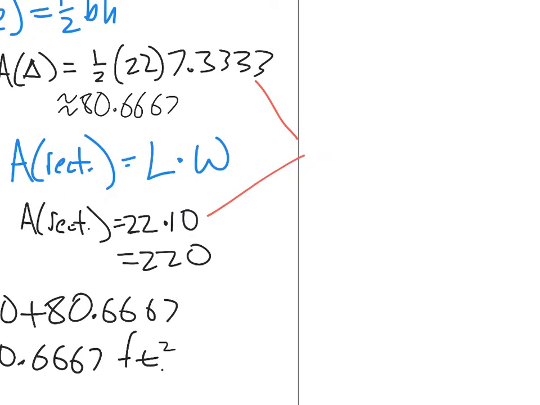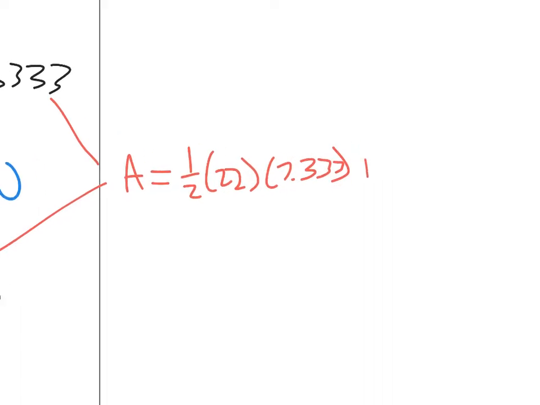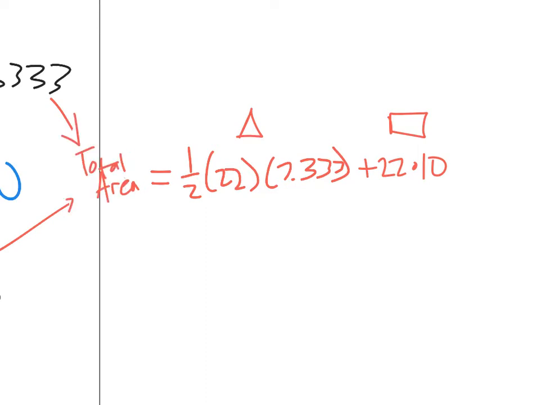So we have area equals, we have the triangle, 1/2 times 22 times 7.333, plus the rectangle, plus 22 times 10. So that includes the triangle and the rectangle part. So this area formula is the total area. So we have one formula for the total area.